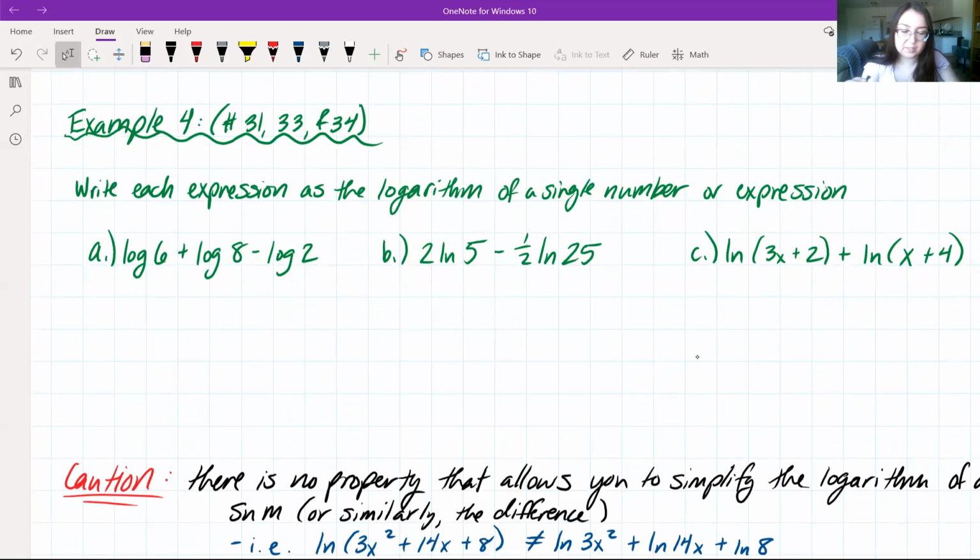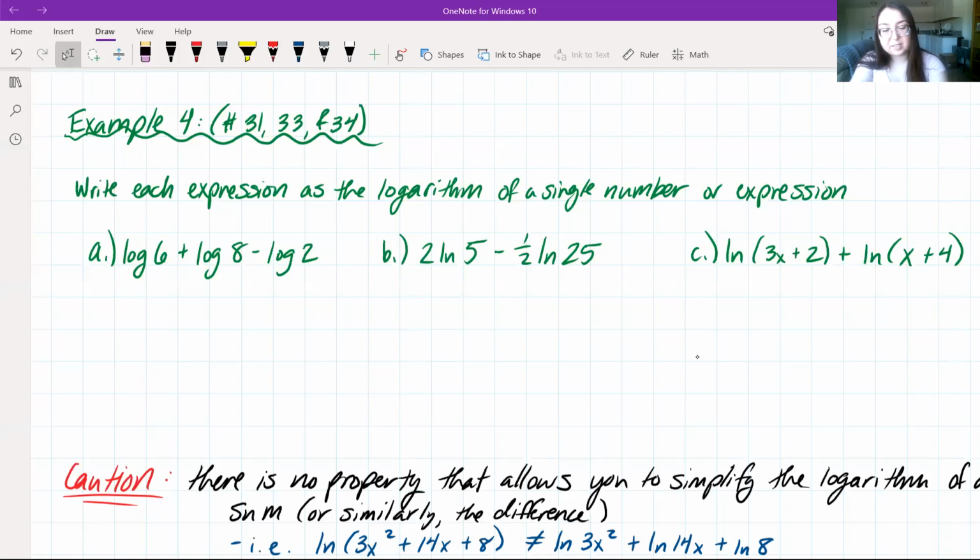All right, so we're going to go from left to right in these cases. So we have for part A, log of 6 plus log of 8 minus log of 2. Now we have undefined bases, so we know that this means log base 10. And since they're all undefined, we can combine them all since they all have the same base.